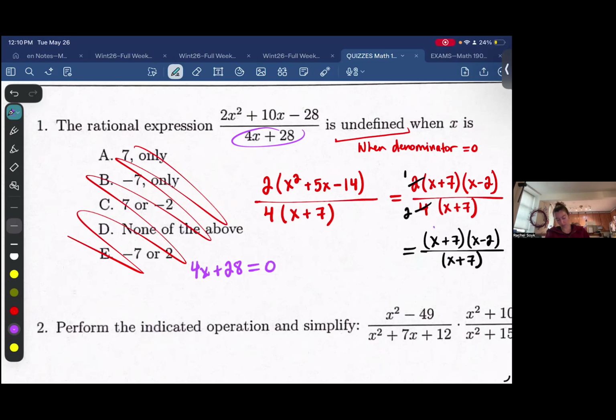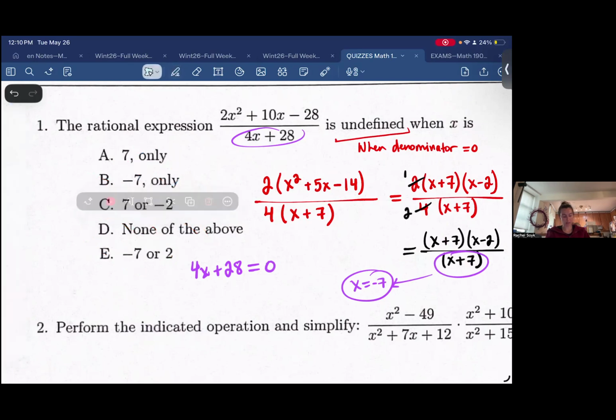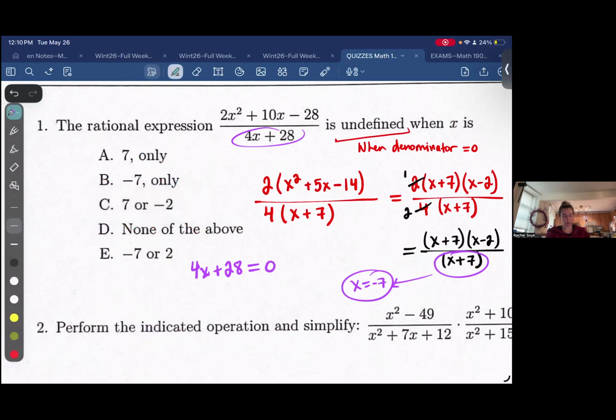Or before you simplify it fully, notice that, okay, by zero product property, when x is equal to negative 7, we get 0 in the denominator. So your answer would just be answer choice B, negative 7 only.